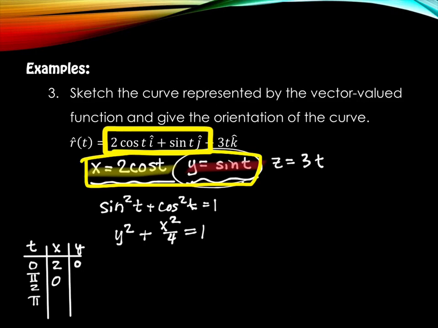And then sine of pi over 2, 1. And then if I put in pi, cosine of pi is negative 1, which times my 2 would be negative 2. And then sine of pi, 0.